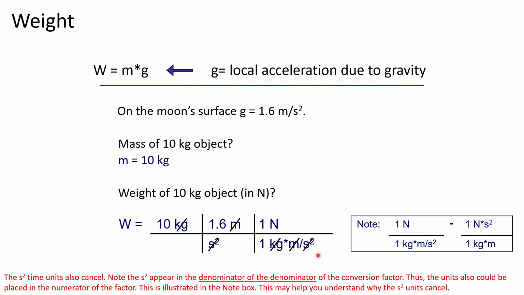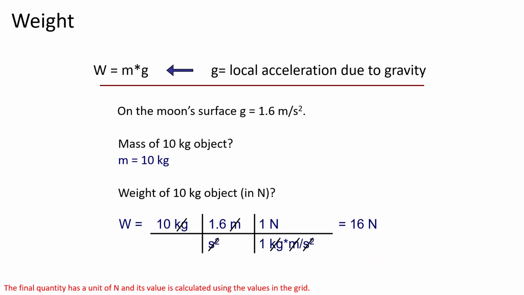Note the second squared appear in the denominator of the conversion factor. Thus, the units also could be placed in the numerator of the factor. This is illustrated in the note box. This may help you understand why the second squared units cancel. The final quantity has a unit of Newton, and its value is calculated using the values in the grid.